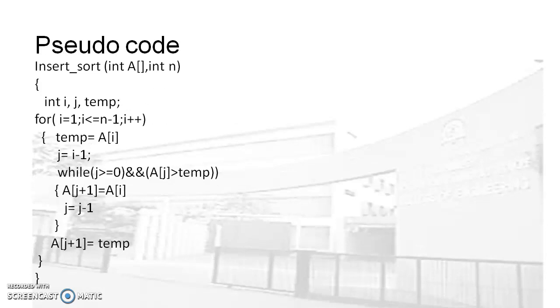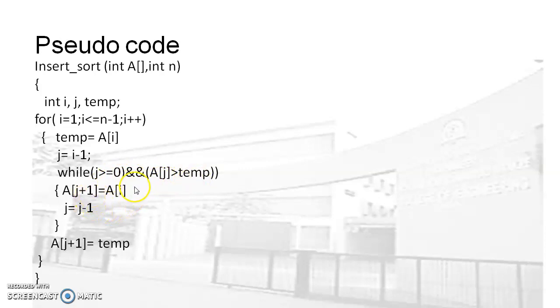Now let's have a look at the pseudocode of the insertion sort algorithm. The array to be sorted is passed as an input and the total number of elements present in the list. There is a single for loop which varies from 1 up to n minus 1, and we are taking the element which is being considered as the right list in the temporary value and we are finding out the appropriate position in the left list which goes from j greater than or equal to 0 up to a of j greater than temp.